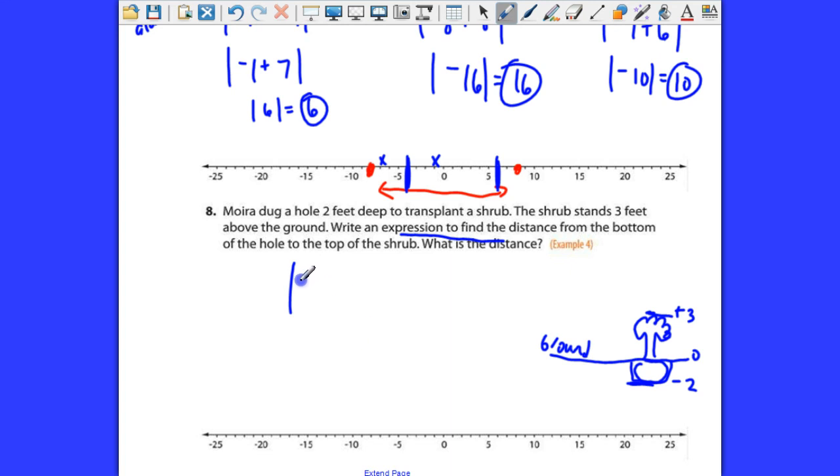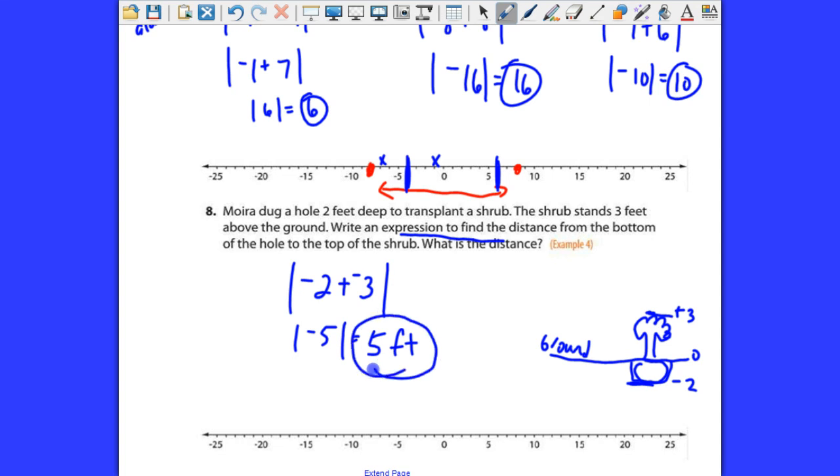The shrubbery starts at negative 2, or you could say negative 2 minus positive 3, or you actually could do 3 minus negative 2 as well. Change this to addition, boom, boom. Negative 5, right? Negative 2, 2 reds, 3 reds, gives me 5 reds. But since it's distance, we have to say 5. It's 5, we're talking feet here, 5 feet from the bottom of the shrub to the top of the shrub.